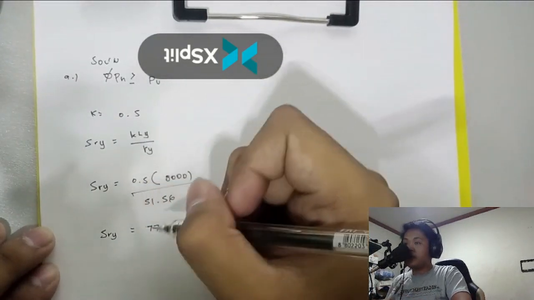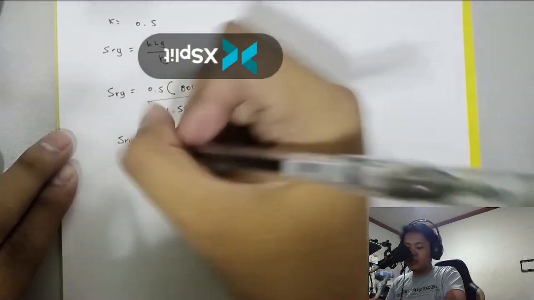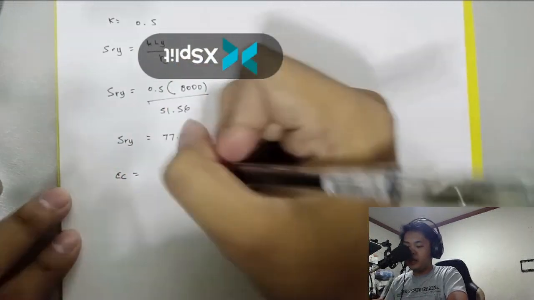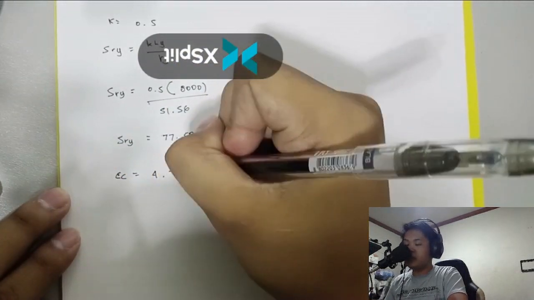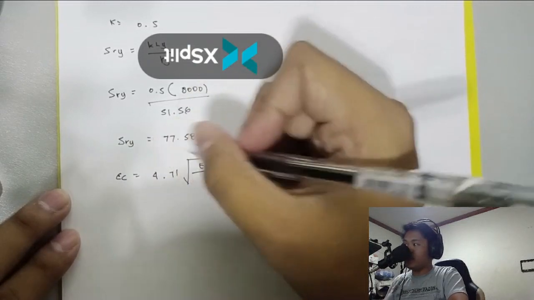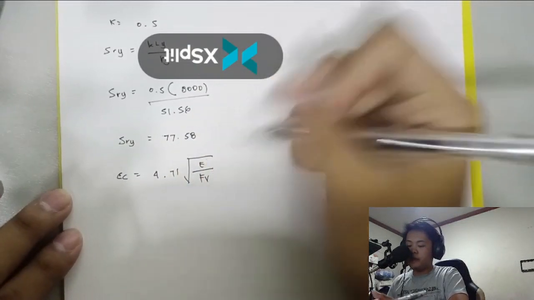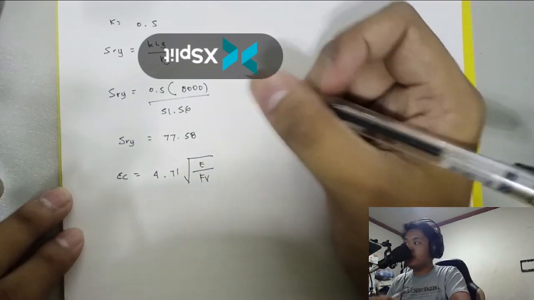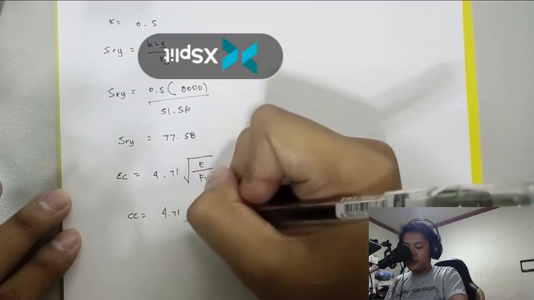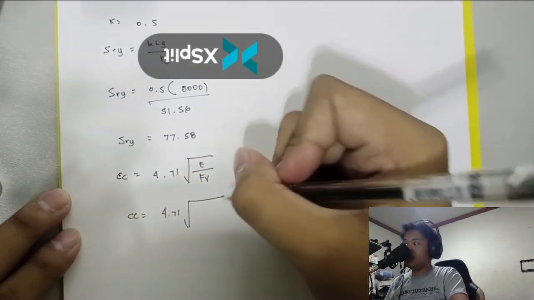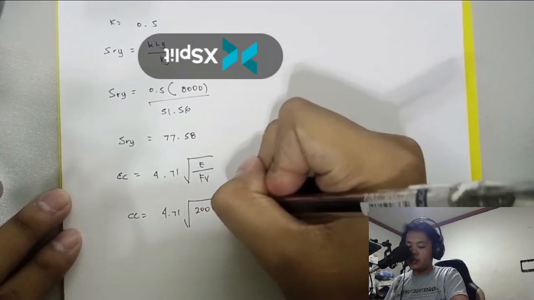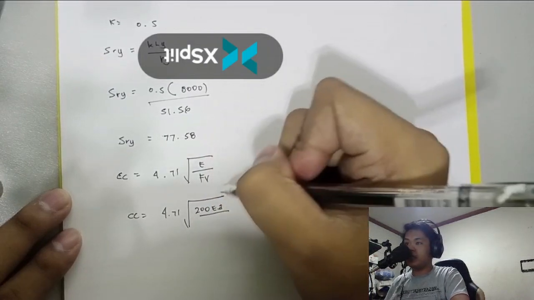So next, ang hahanapin naman natin ay yung CC to determine kung anong klase siya na column. So meron tayong formula for CC is 4.71 multiplied by the square root of E over FY. So direct substitution lang, 4.71. Yung modulus of elasticity natin is 200 GPa, so 200 times 10 raised to 3.